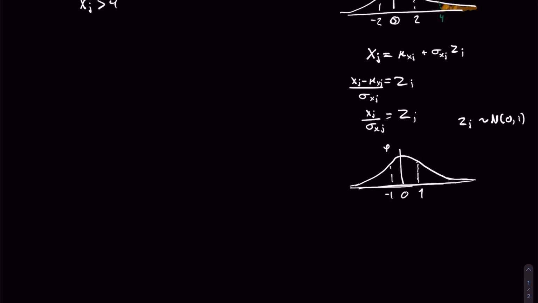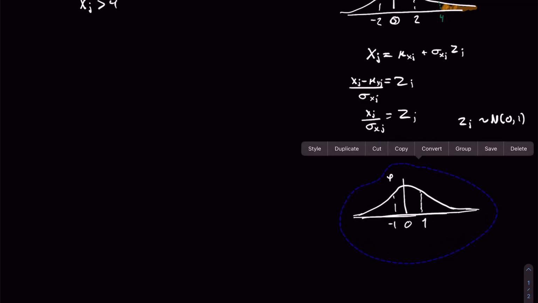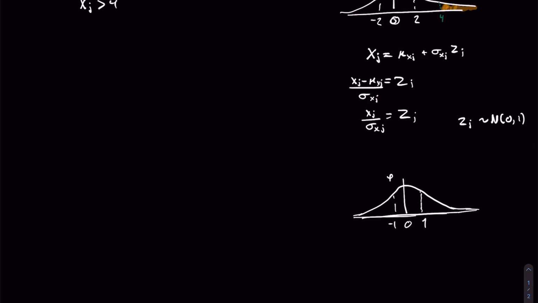Okay? And so, finding the same event here, what does that mean? Well, let me also write down what we know. Sigma here, the standard deviation, is just 2, so xj divided by 2. So anytime we see this event, it means that it's equal to zj.